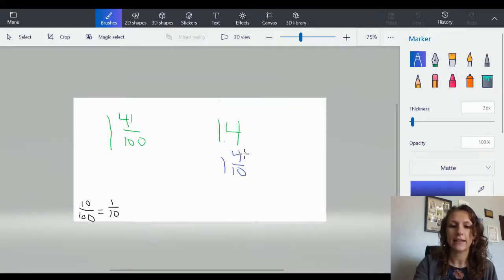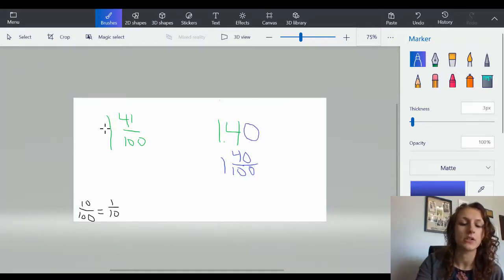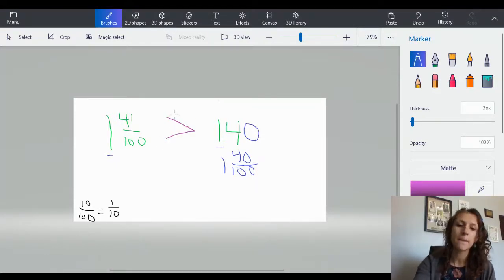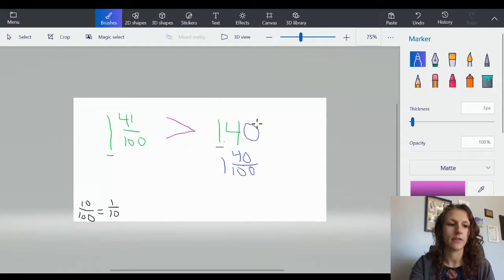We can just add that 0 as we talked about in our shortcut, because when we multiply by 10, we move over a place value. Now we have 1 and 40/100ths versus 1 and 41/100ths. My wholes are the same, so I look at my next place. 41/100ths will be greater because 41 is greater than 40.